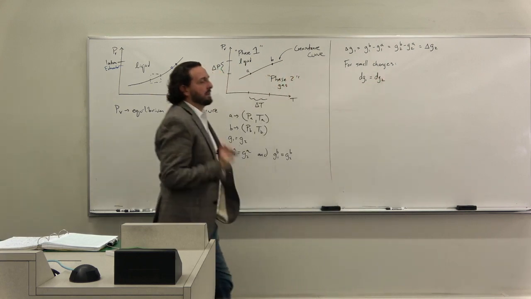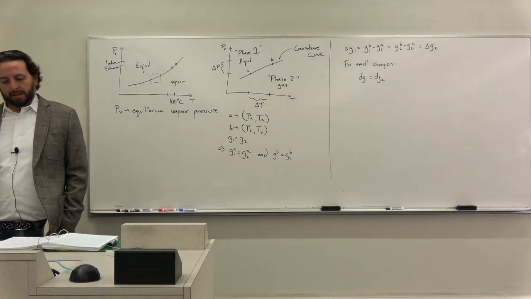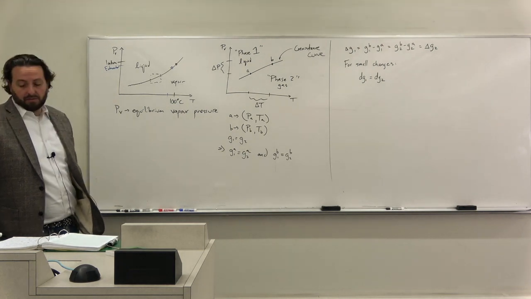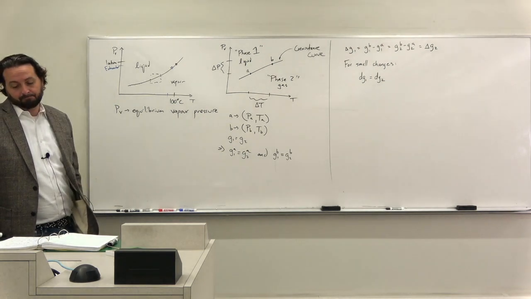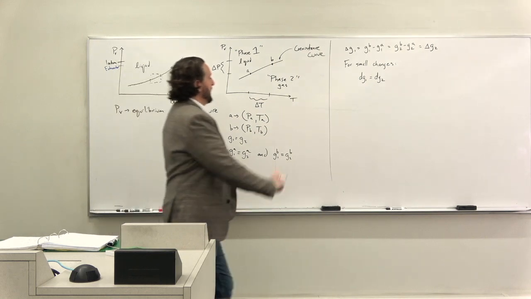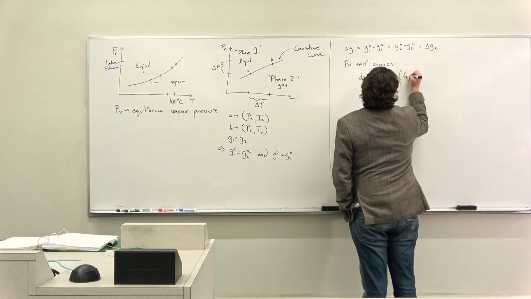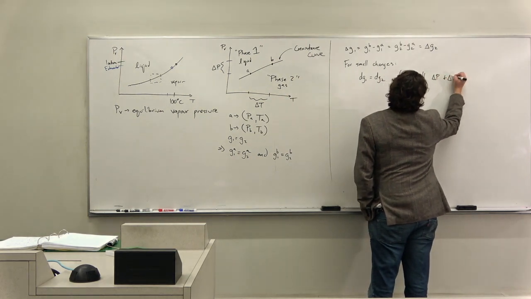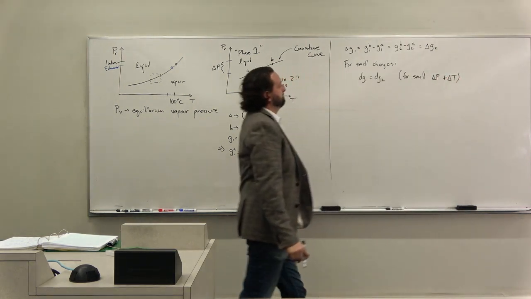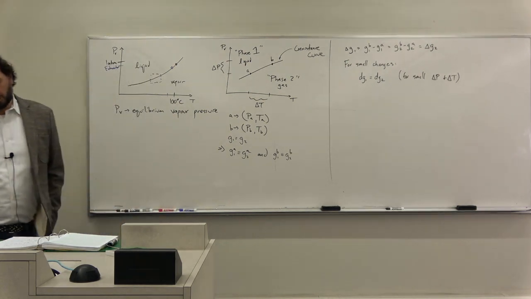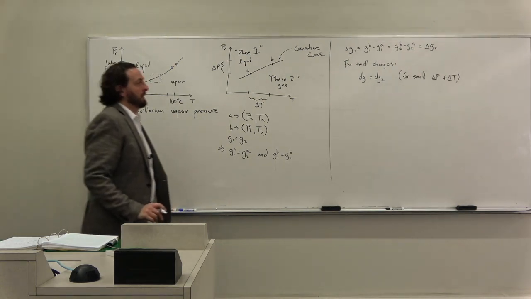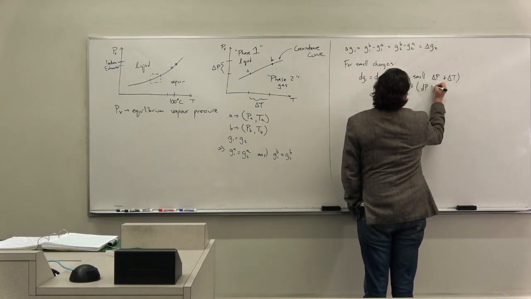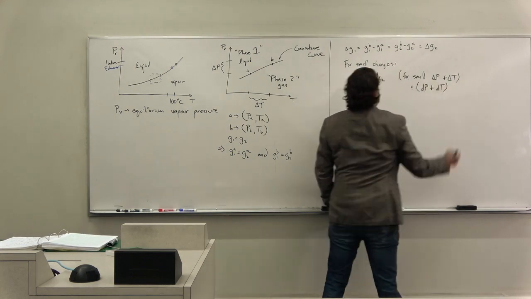The differential for the Gibbs free energy for phase 1 is the same as for phase 2. What I mean is this is really for small delta P and delta T. And so we're going to call those dP and dT also.